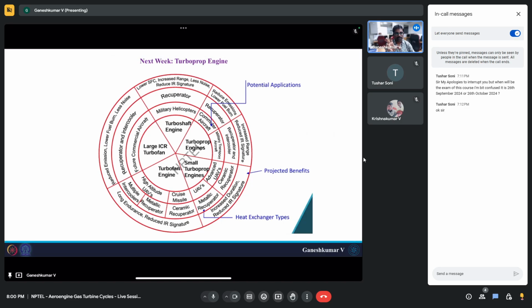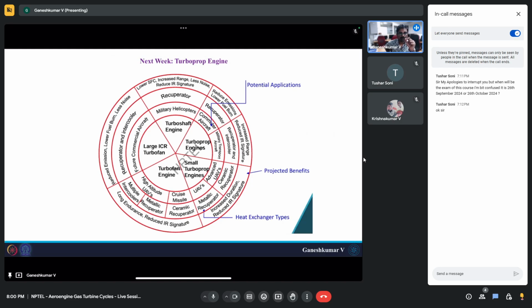Next week we are going to see turboprop engines, and especially what we will solve in the lectures will be single shaft turboprop engines and also twin shaft turboprop engines.